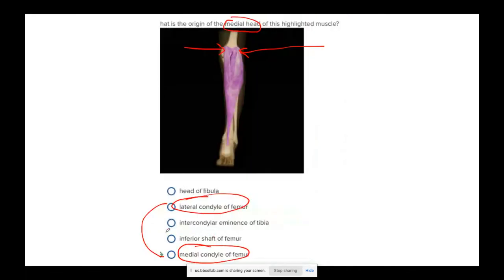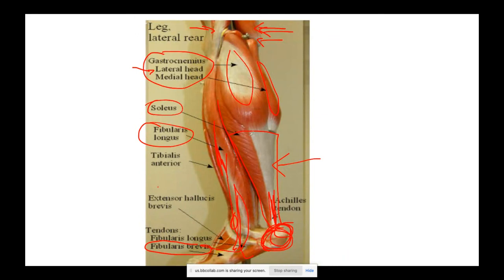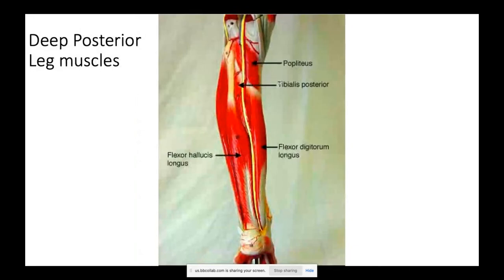When we go back here, if we take away and dissect all of these, the posterior compartment, we're going to be looking at deeper bellies, which is this, the popliteus, the tibialis posterior, flexor hallucis longus, and flexor digitorum longus.